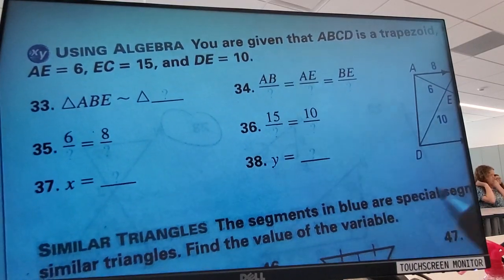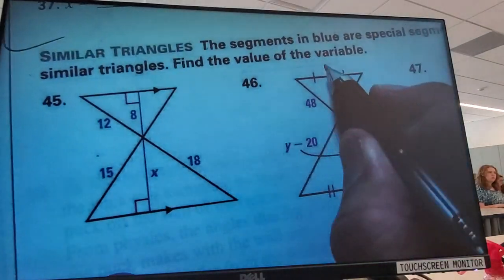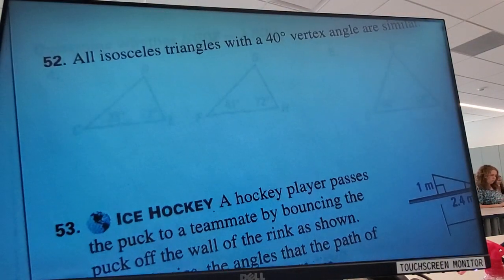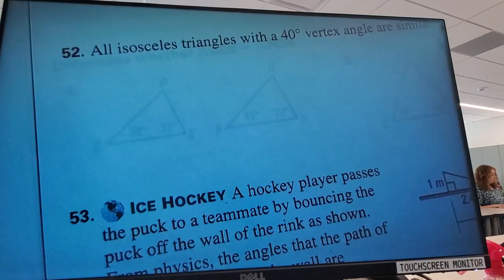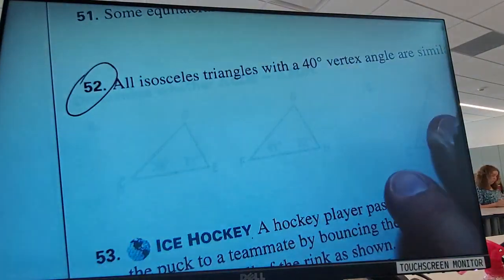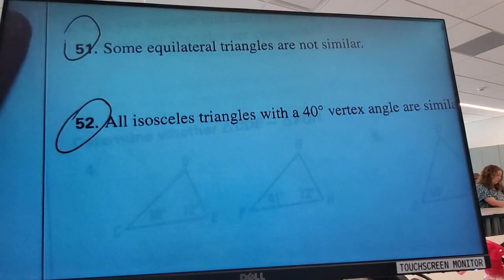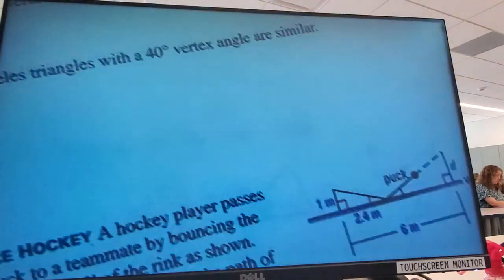Oh yeah, this one gets trippy. Let's do that one together, I think. 46 and oh yeah, 52 for sure. All these are pretty straightforward. So all those 50, 51, 52. All right, and that's good. We'll do this.